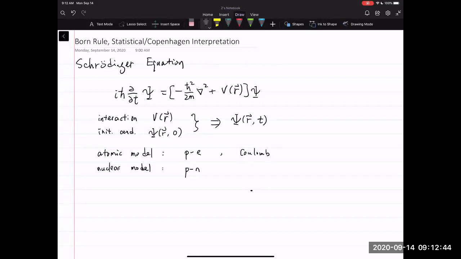In this case, the interaction is not Coulombic anymore. The neutron itself is neutral. So the interaction is the strong nuclear force. Okay. So the range of interaction is much shorter than the Coulomb interaction.